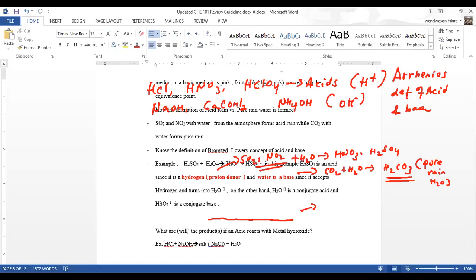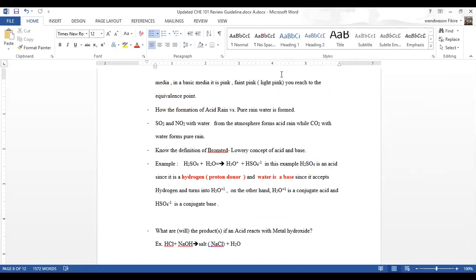Okay, for example, let's say that I have NH3 reacting with water, giving you NH4+ and OH-. Here is my question for you. We can do this together to save time. Which one is an acid and which one is a base in this reaction, according to the Bronsted-Lowry concept of acid and base?